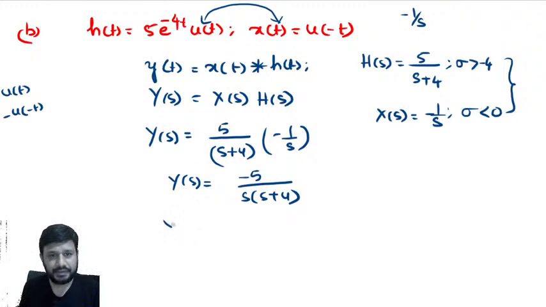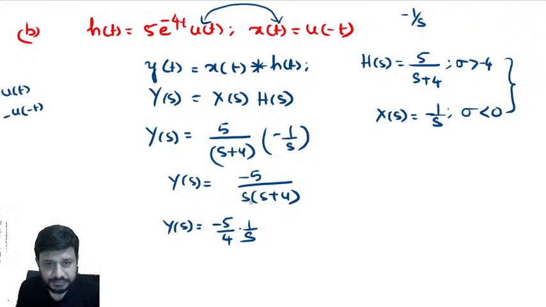What happens if I substitute s is equal to 0? Minus 5 by 4, times 1 by s, partial fractions. If I substitute s is equal to minus 4, plus 5 by 4.